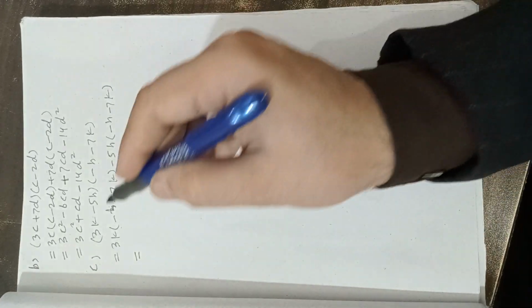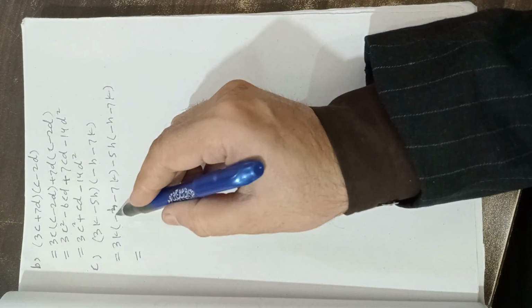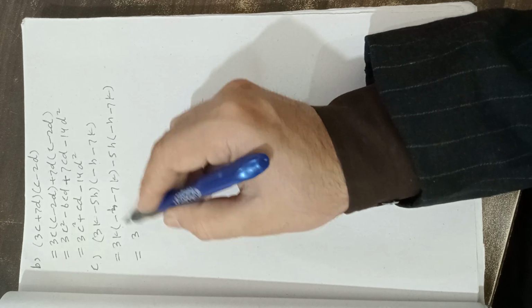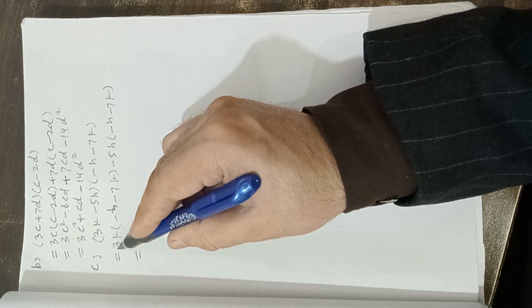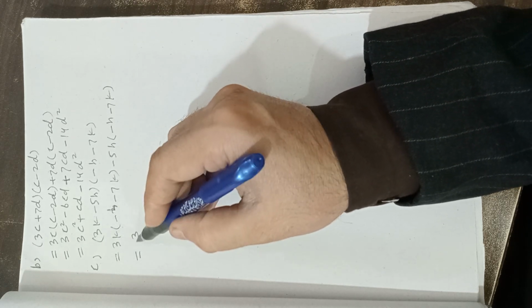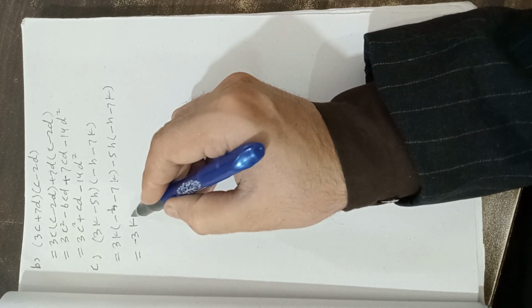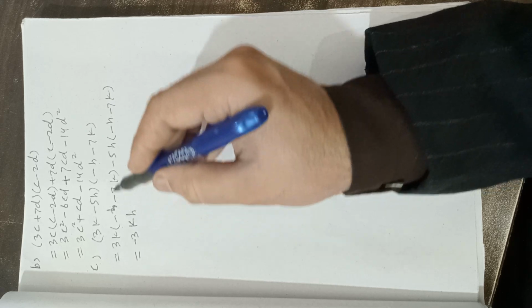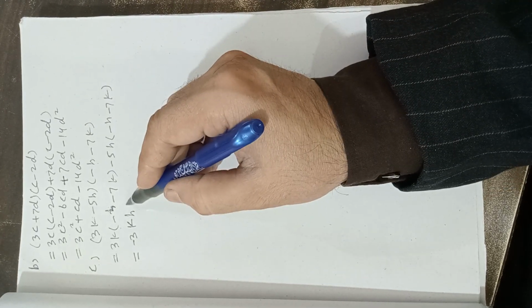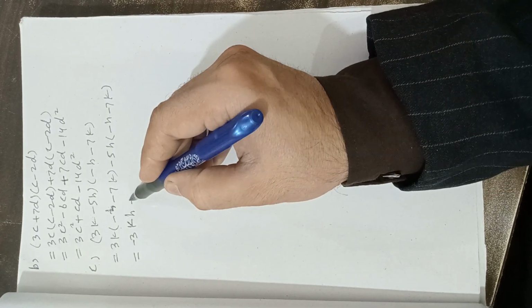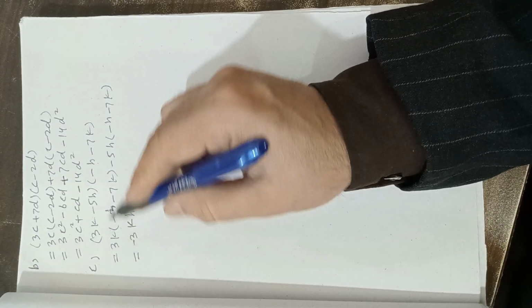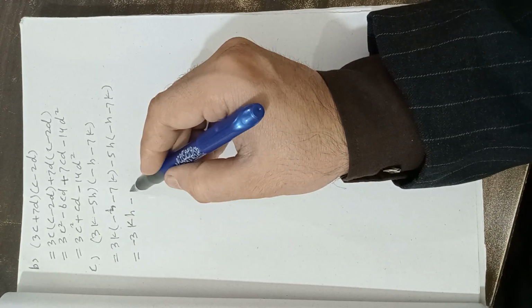Now 3 ones are 3 and this minus sign and this plus sign, plus minus minus, and k multiplied by h will make kh, and this minus sign will be written as such because here is plus sign, plus minus minus, and 3 7s are 21.